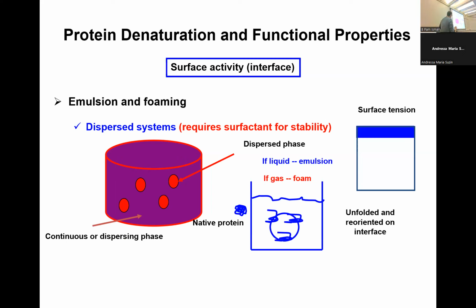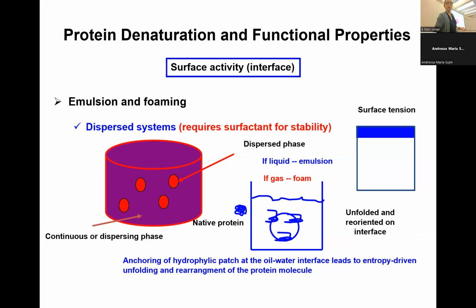When you have a stabilizing agent, such as a protein acting as an emulsifier or a foaming agent, the protein in its native form, if it's globular, has to be flexible enough to unfold and orientate the hydrophilic portions to the aqueous and the hydrophobic components to the oil or the gas or air. So that's basically what it says here.